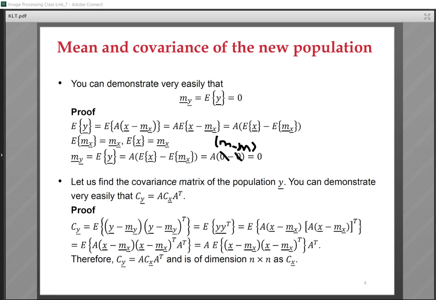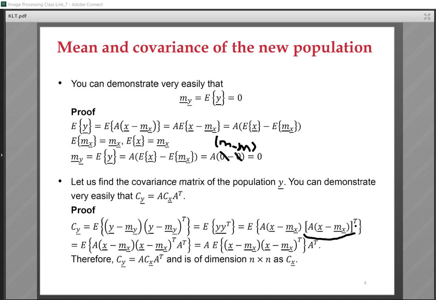But what is y? Y is A(x − mx). That means this is the expected value of A(x − mx) times (A(x − mx)) transpose. All of them transposed. That's right.